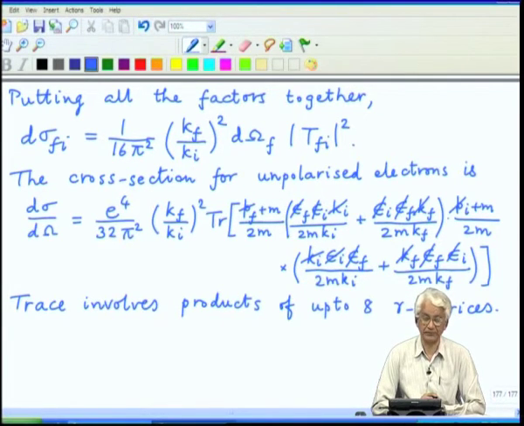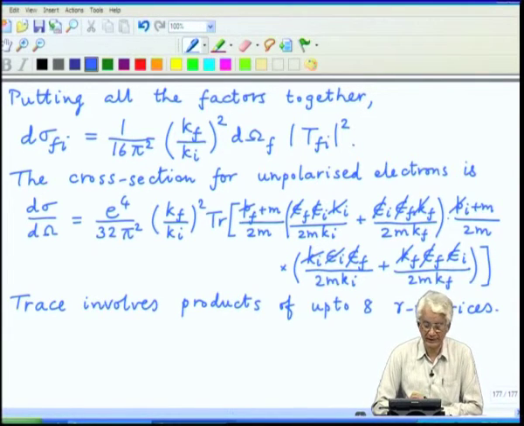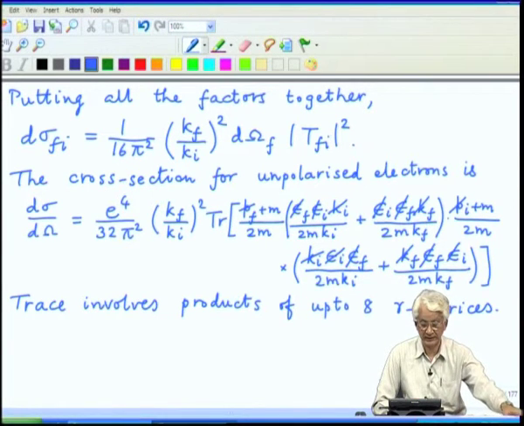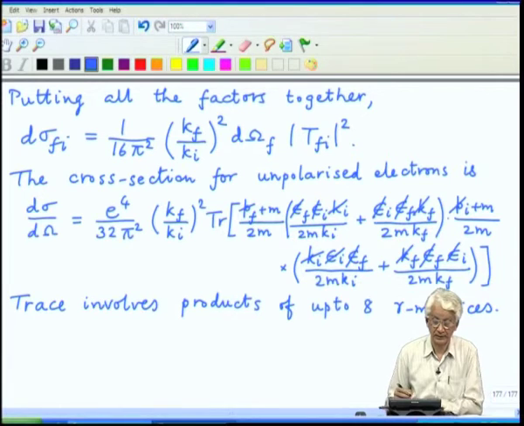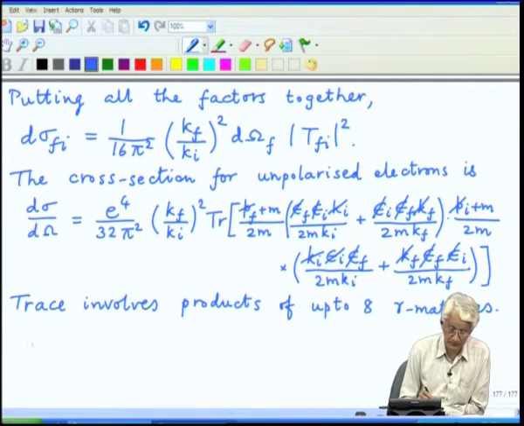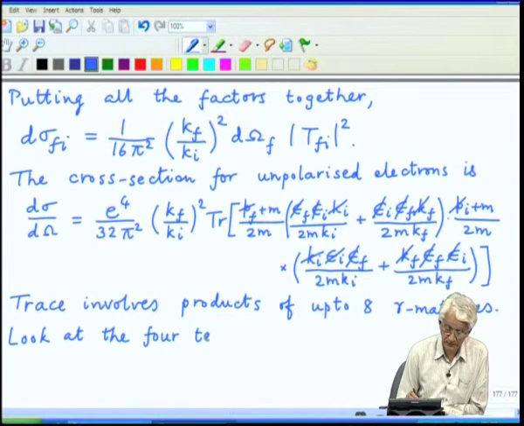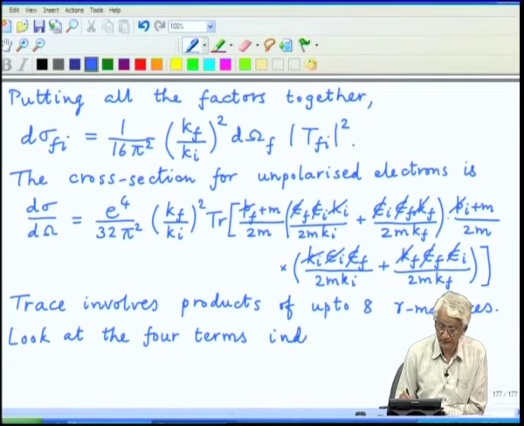It simplifies the calculation somewhat, and I will give a brief derivation of what happens, and the individual steps can be filled in in a rather straightforward manner. So, look at the four terms individually.